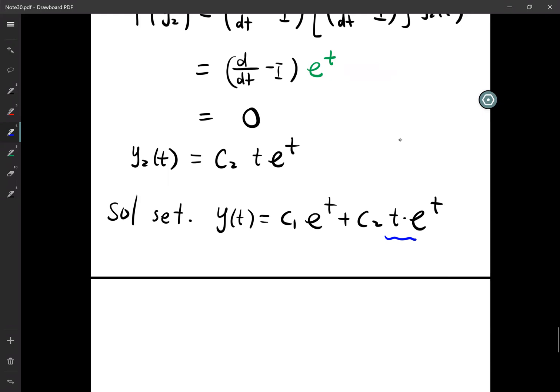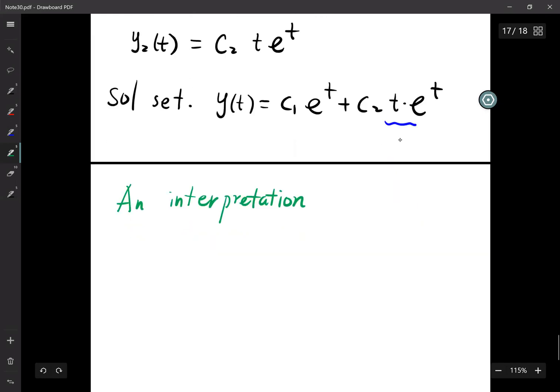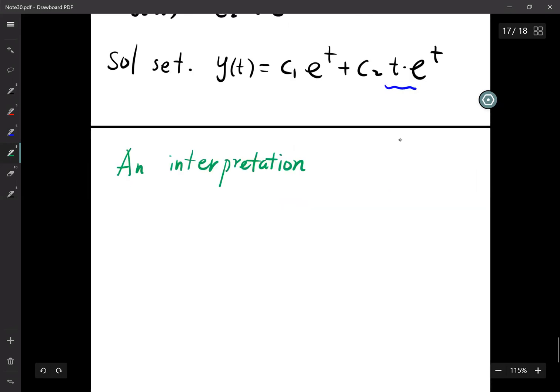But how come I have this one? Let me provide an interpretation.